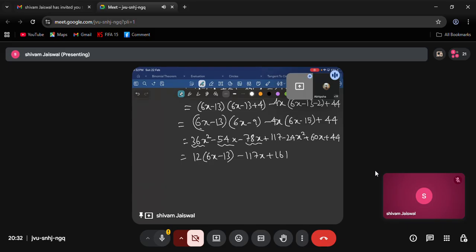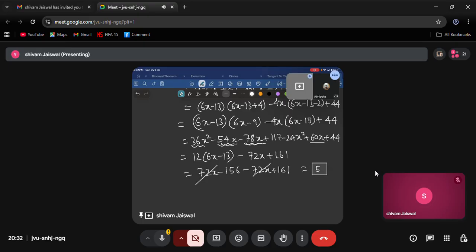And over here, minus 54x and plus 60x, 6x. And over here, minus 8x, so minus 72x. And 117 plus 44, 161. When you simplify, you are getting 72x minus 12 into 13 is 156 minus 72x plus 161. Yes. These two get cancelled, you are going to get 5 then.